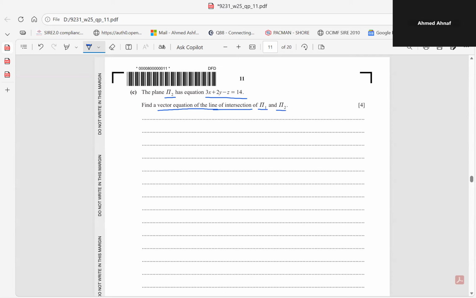To do that, you need to first find the direction vector of the line of intersection, which is just the common perpendicular of the normals to the planes.